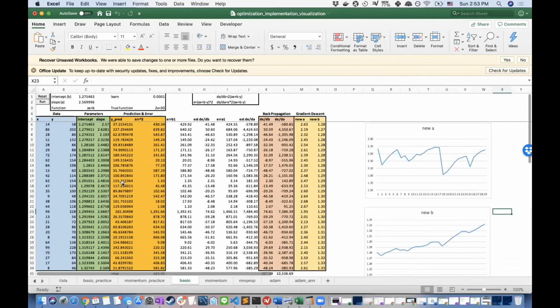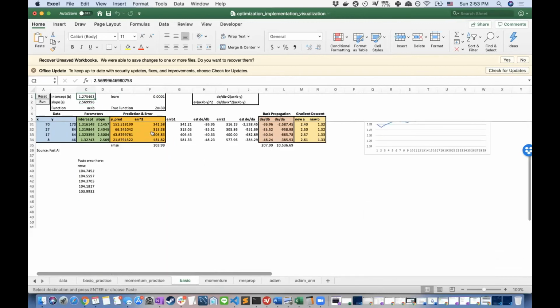And that's why gradient descent can converge very slowly, because of that oscillation or fluctuation. And if you look at this, we know that this is 2x plus 30. So the intercept, after 5 epochs, is still 1.27. The slope is 2.56. Let's hit another 5 epochs.